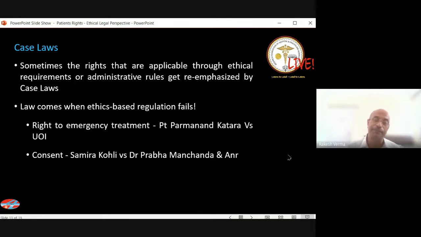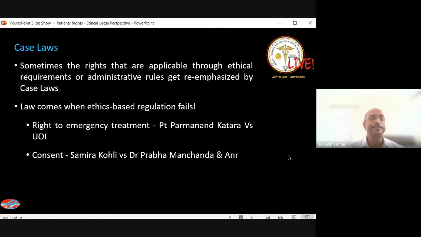You can download it from the internet, a freely available judgment from the Supreme Court, and this is a judgment which has mandated that every medical establishment will provide emergency treatment to the patients who come to them for emergency requirements. So this existed even before this judgment, but here case law came into the picture, and therefore it gets mandated as a law as well.